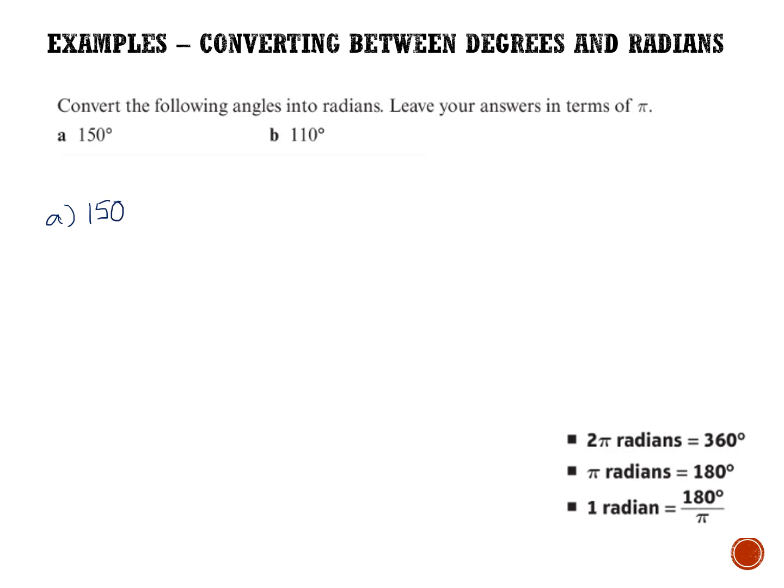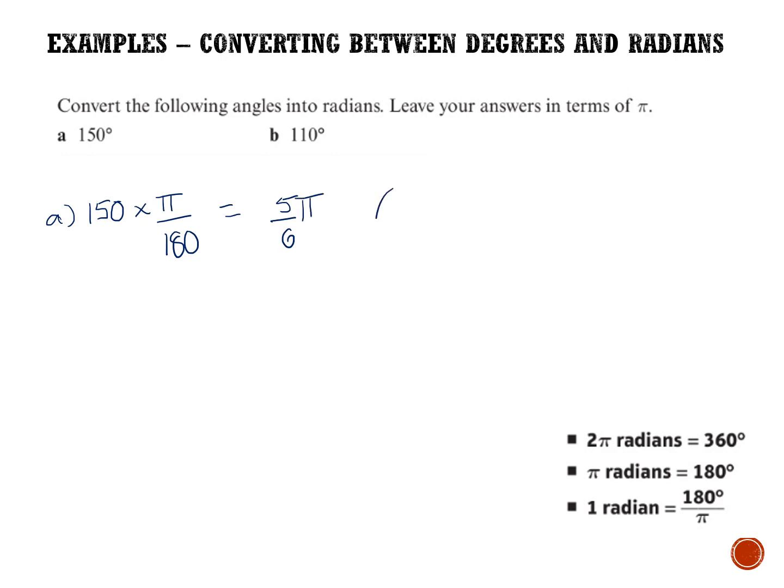Remember what we want to know is pi radians is 180 degrees. So we want to know what fraction of 180 is 150. So you can times by pi on the top, which gives you the pi in the answer, divided by 180, and if I simplify that, I get 5 pi by 6.